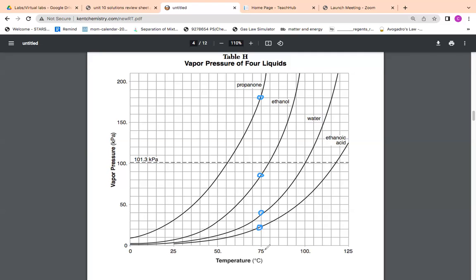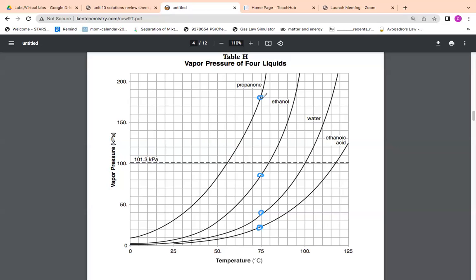Okay, so at 75 degrees Celsius for ethanoic acid, vapor pressure is 20 kPa. For water, that looks like 40 kPa. Ethanol looks like it's 85. And I think that's propanol.